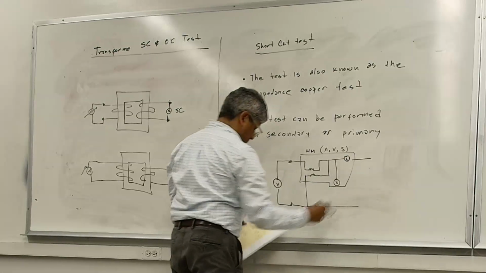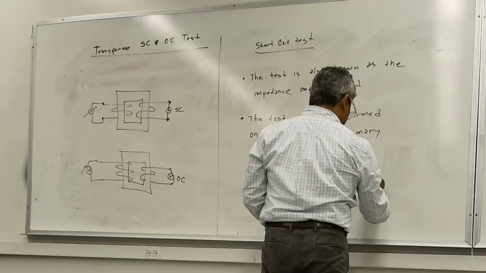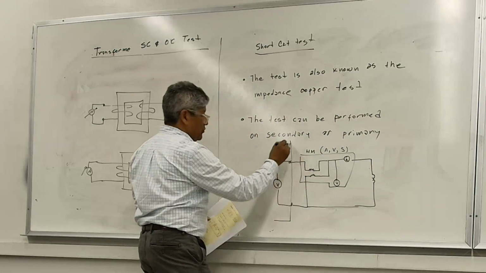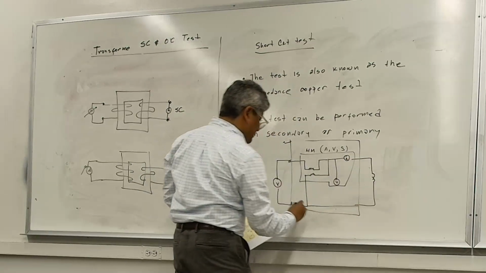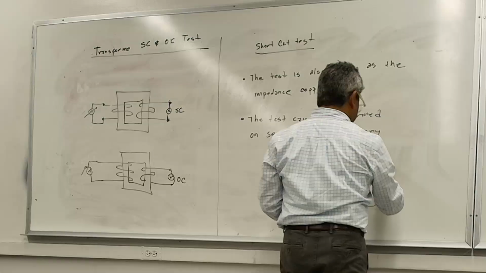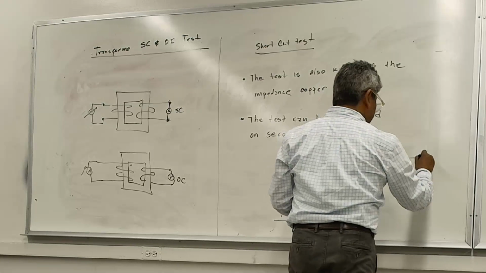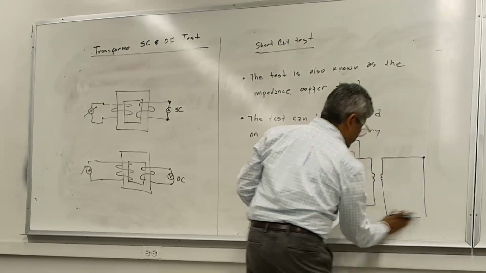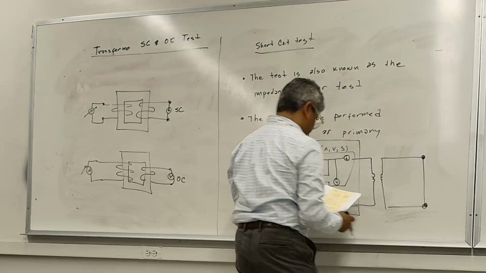So on this side, what we're gonna do here is the transformer. Okay, so again, source right here, meter right here, and then the transformer itself right here. And then I'm gonna take this side right here, the secondary, because I'm doing it secondary, and I'm just gonna short these terminals right here for the transformer.